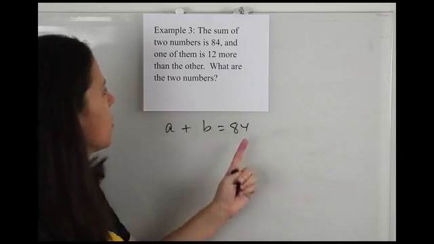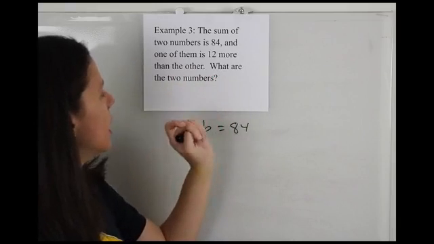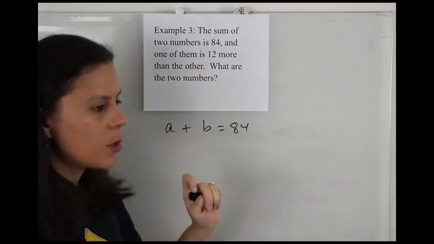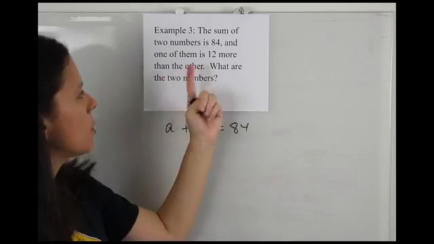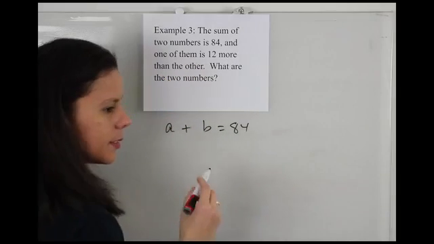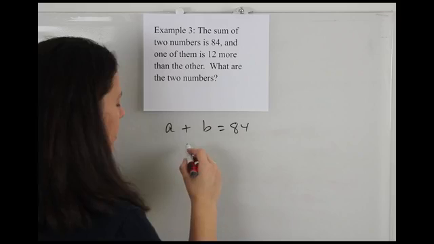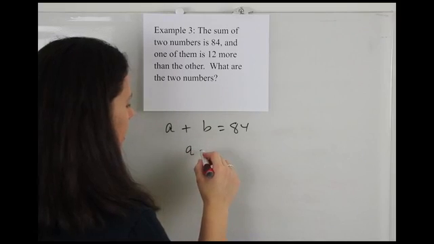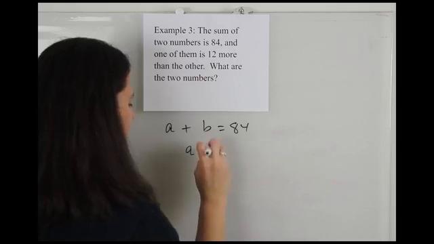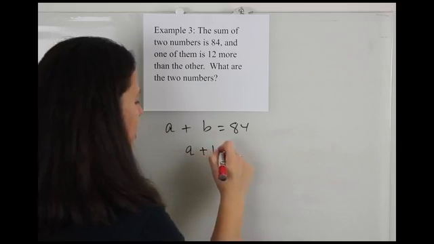So A plus B is equal to 84, and then how would we do the second part? One of them is 12 more than the other? You do A plus 12. I wrote B. Plus 12?